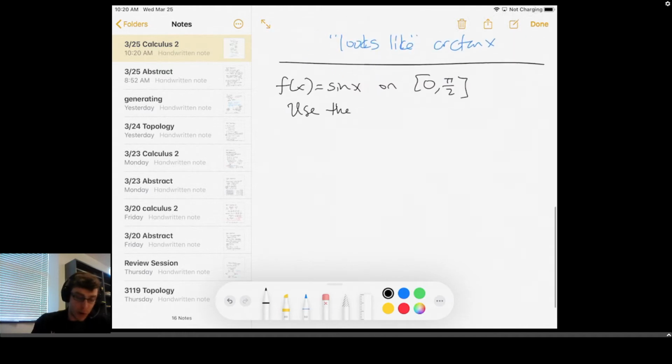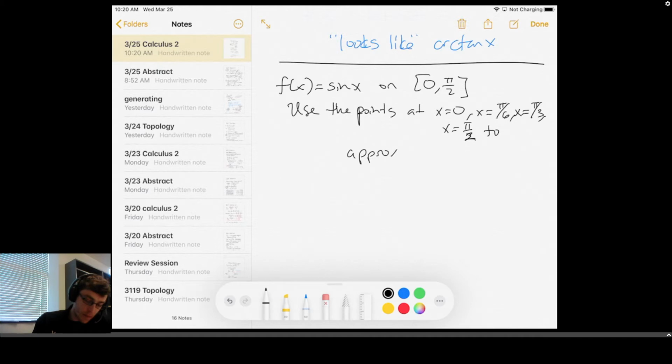Basically we're going to break up our interval, and use the points at x equals 0, x equals pi over 6, x equals pi over 3, x equals pi over 2, to approximate arc length.